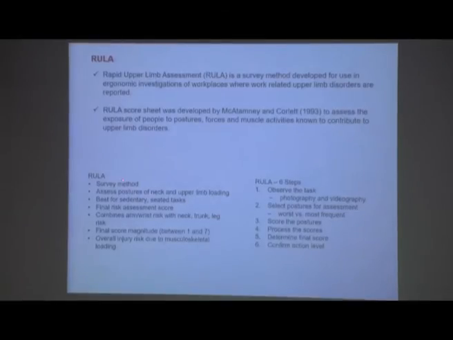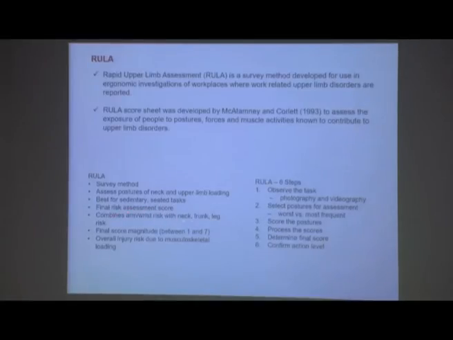So in summary, RULA is a survey-based method that assesses postural score based on the posture of the neck, upper limb, and loading. This method is good for sedentary and seated tasks because mainly only the upper limb is involved in this evaluation; in this case there is no separate score for lower limb analysis.